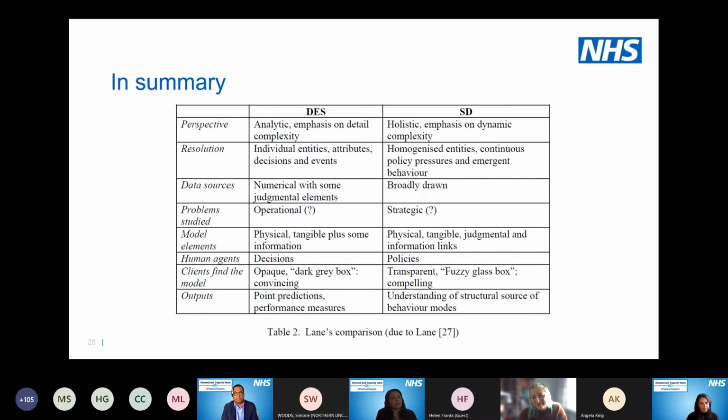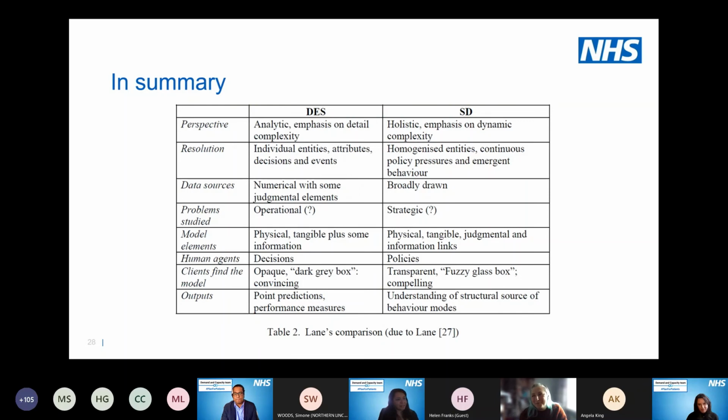So in summary, and Stacey, I welcome you to make comments in here. In the literature, usually system dynamics is more for strategic decisions, strategic issues, and then we have discrete event simulation for more operational or tactical issues, but that's a very fine line. It's not like black and white.